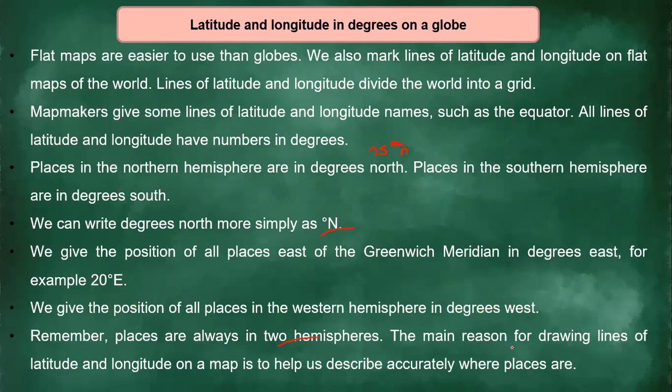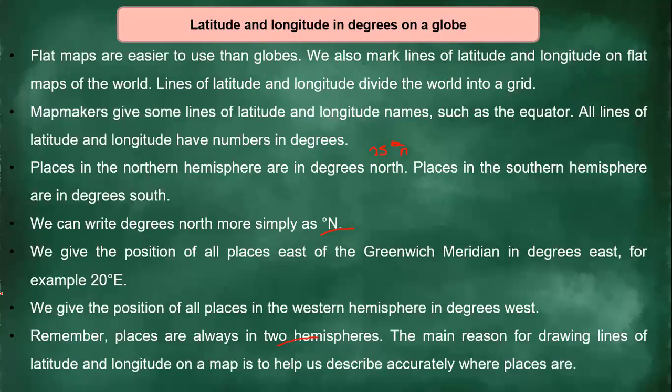The main reason for drawing lines of latitude and longitude on a map is to help us describe accurately where a place is. That's the whole point. When we draw lines on the map, it is not that we are crazy and we love drawing. No, it helps us to describe a place very well. We will say, go look for 25 degrees north, and then you go there and find Africa.